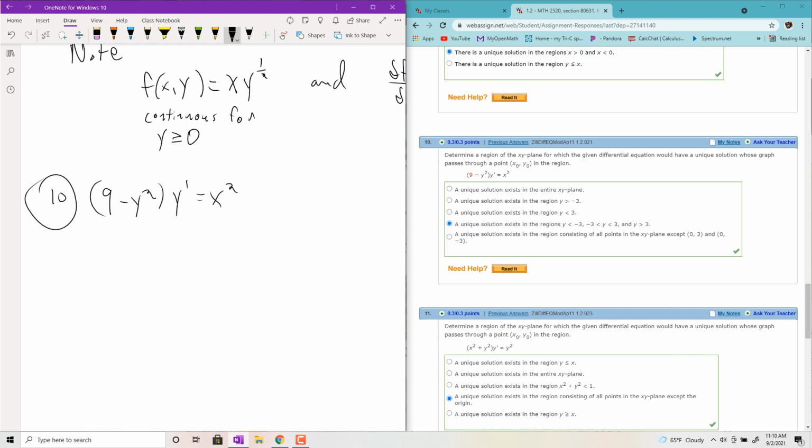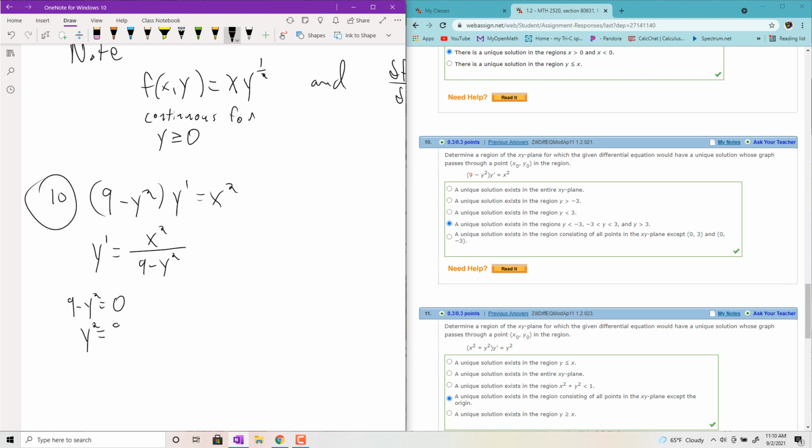Okie dokie. So I need to find my f of xy, my partial. So f of xy, you could do that by solving for y prime, right? So you get x squared over 9 minus y squared. This thing is going to be continuous wherever the denominator is not 0. So you could take 9 minus y squared and set it equal to 0.